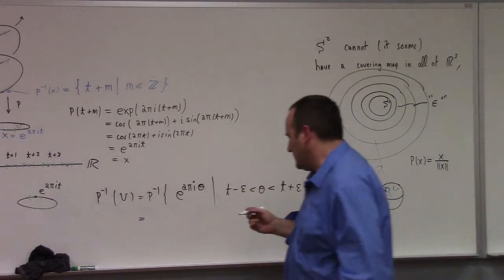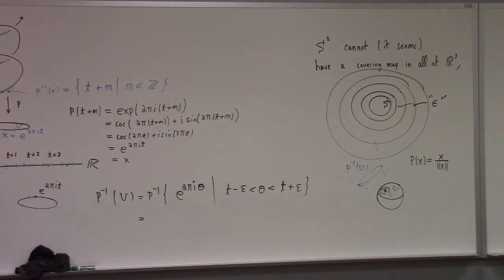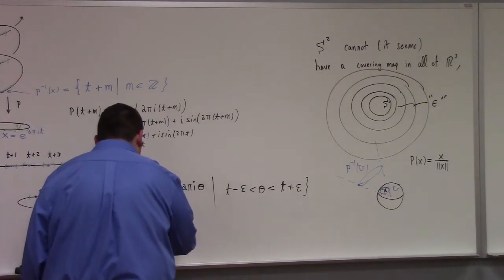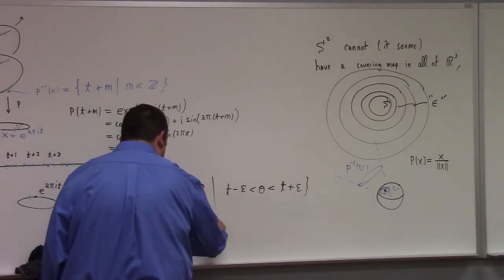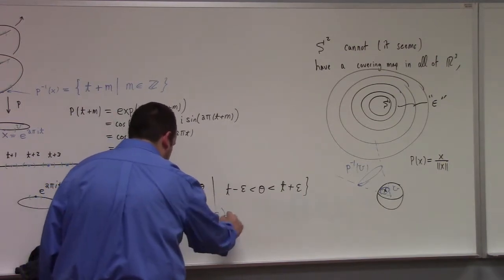So the inverse image here is what? So the interval union what?